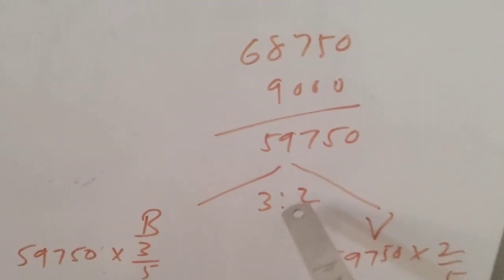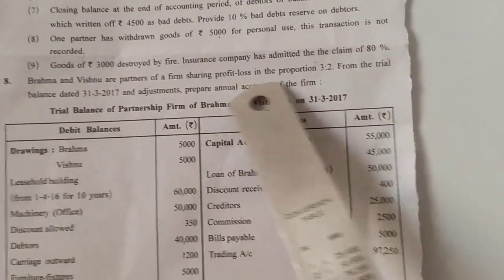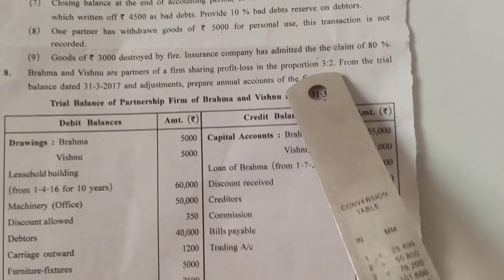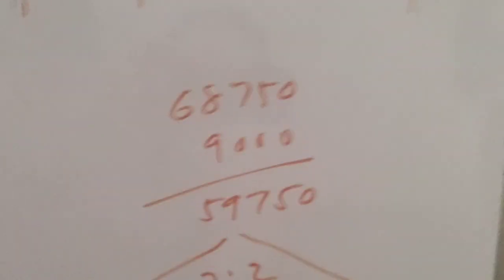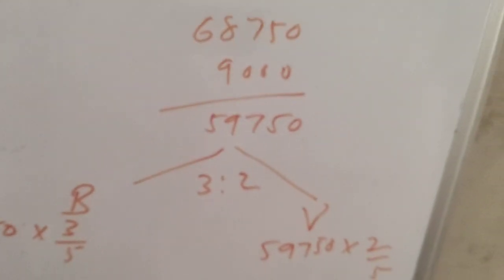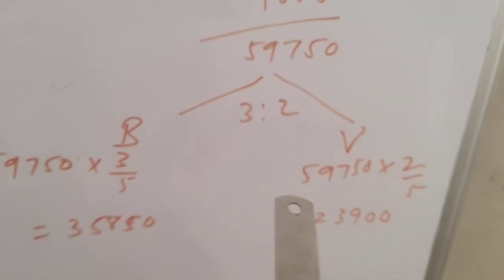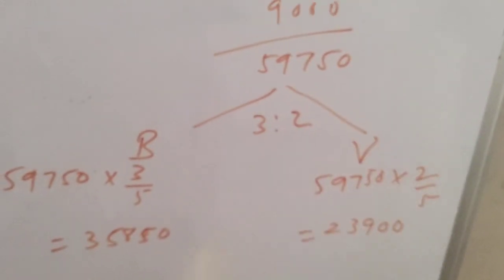Now if we see in our textbook, it is mentioned at the start that partners are sharing profit and loss in the proportion of 3:2. So this 59,750, which is the amount of divisible profit, will be distributed between both the partners in the ratio of 3:2.